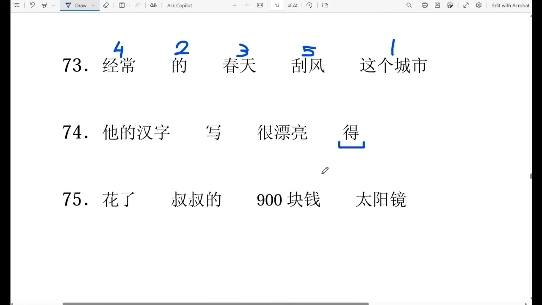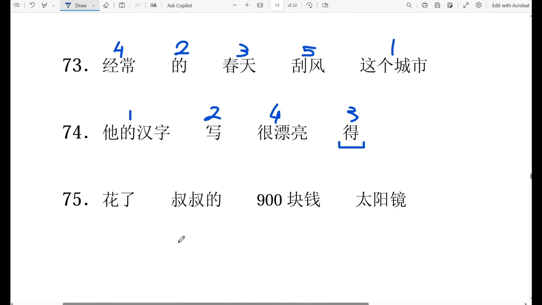So 写得很漂亮. And then, of course, the subject, 他的汉字, will go in the beginning. So his characters are written very beautifully. So 他的汉字写得很漂亮. The 得 is a key grammar point for the HSK 3 exam.